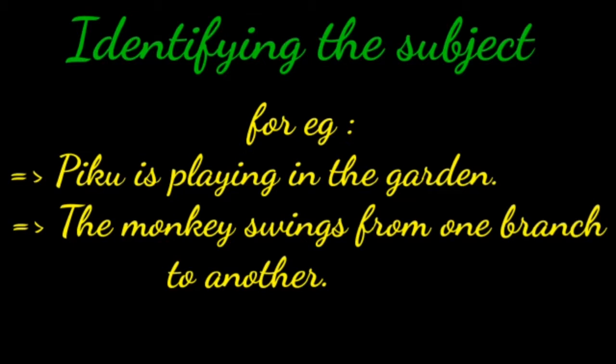For example, Pigu is playing in the garden. Here, when we ask who is playing, the answer is Pigu. In sentence 2, when we ask who swings, the answer is the monkey.